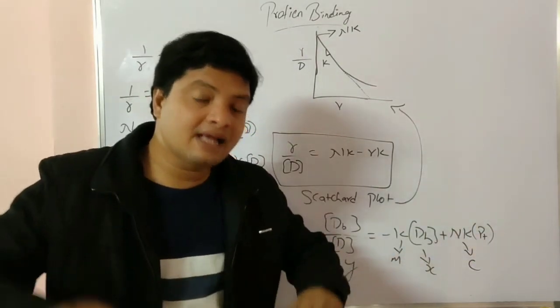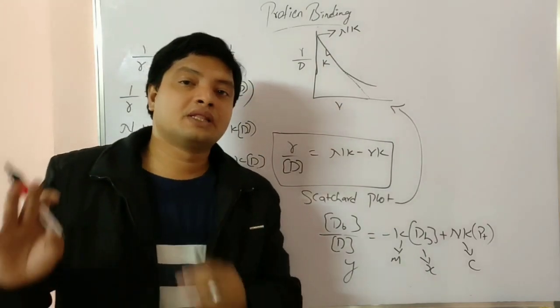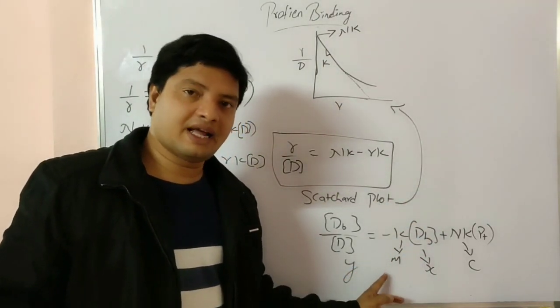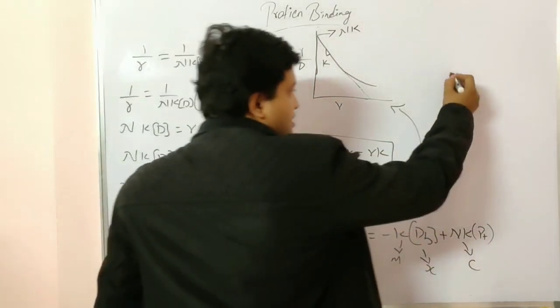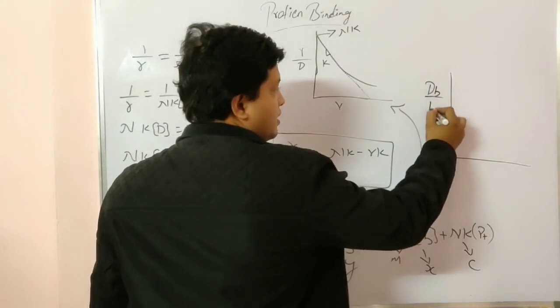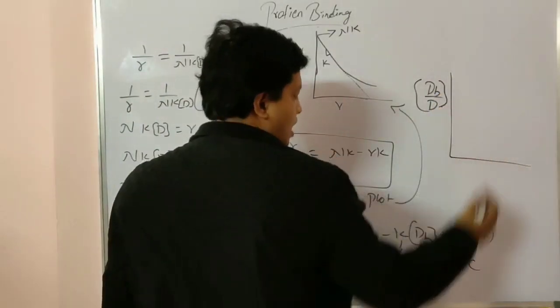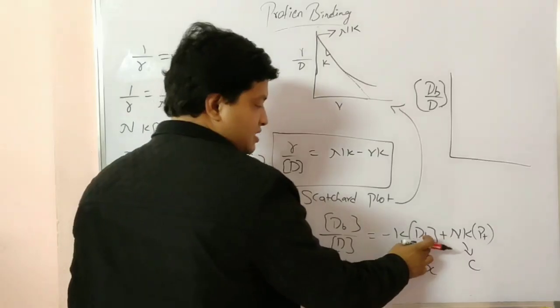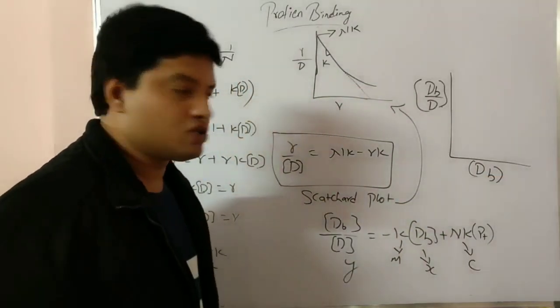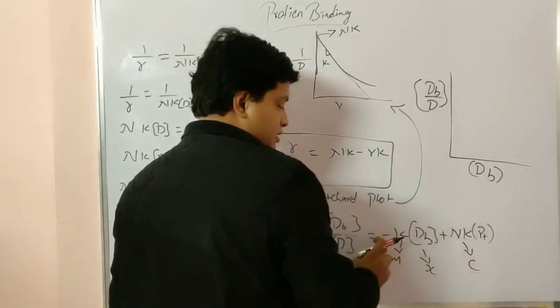In the case where you don't know the nature of protein, the equation will change like this. How the graph looks, just see here. On the y-axis you have this one, and on the x-axis you have dB, meaning bound drug. The slope is negative.